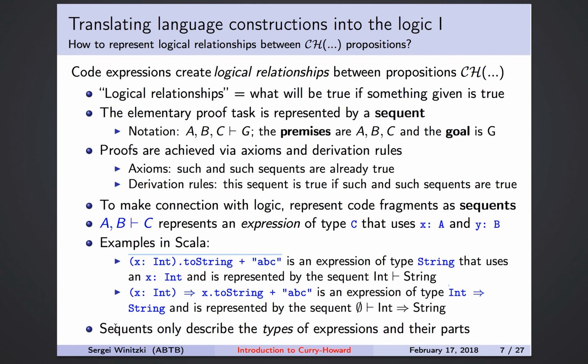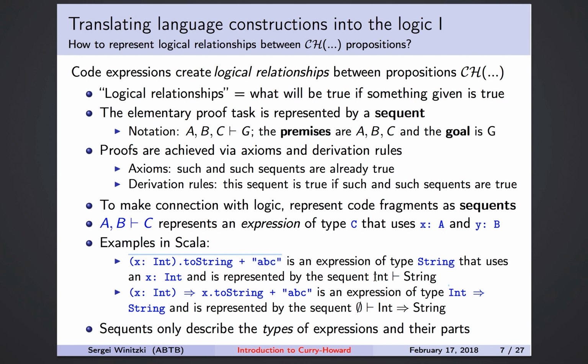A very important remark here is that sequents only describe the types of expressions, the types of parts or variables that we're using. Sequents do not describe the actual computations entirely. So nowhere here does it say that we are actually taking this integer, converting it to string, and appending some other string to it.